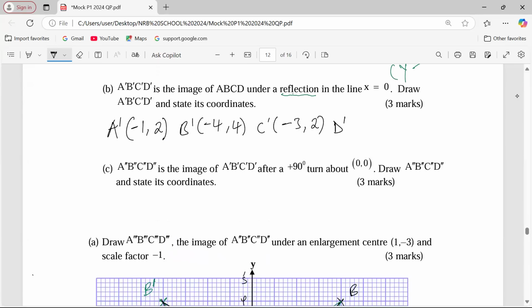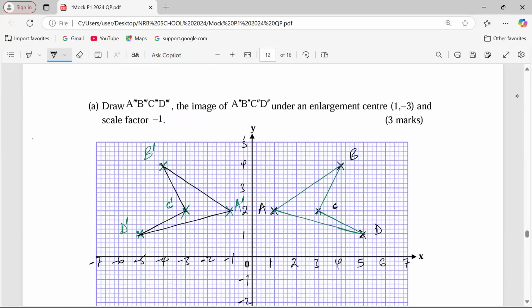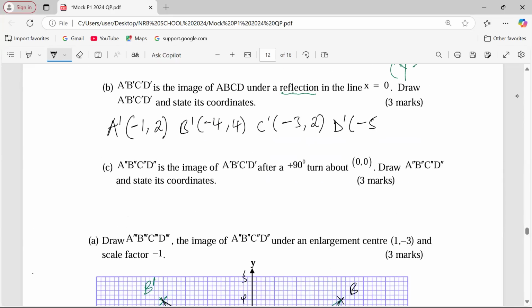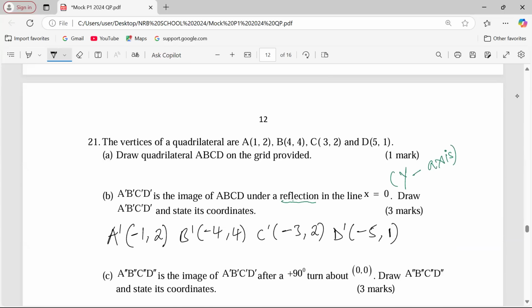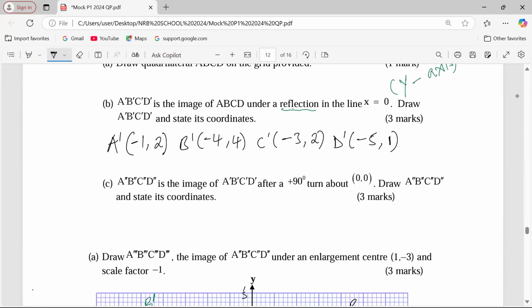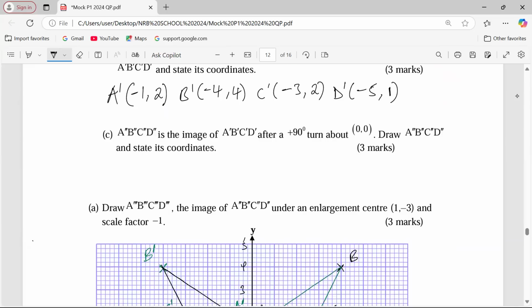Then finally D prime shall be -5, 1. That way, we have the image together with the coordinates.